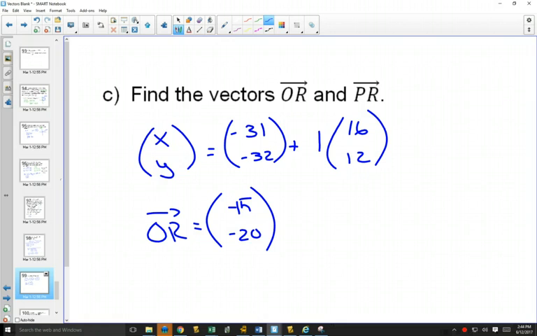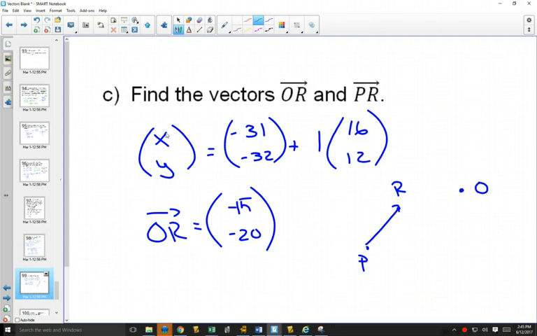So we've got our origin here. We had our point P. We have our point R. And we want to find the vector PR. Well, you could use your position vectors, because you know your position vector for OP and you know your position vector for OR. You could say, how can I get from P to R?